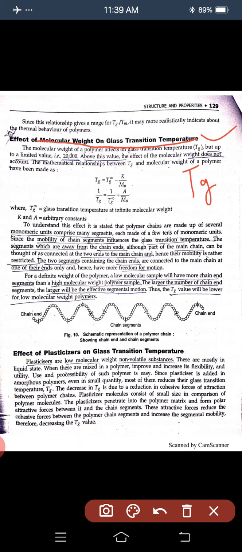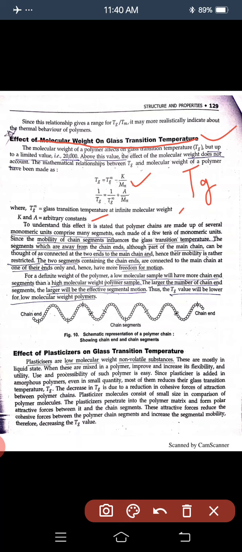Above this value, the effect of molecular weight does not count. The mathematical relationship between Tg and molecular weight of the polymer is Tg equals Tg infinity minus K upon Mn. Here Tg infinity is the glass transition temperature at infinite molecular weight, and K is an arbitrary constant.